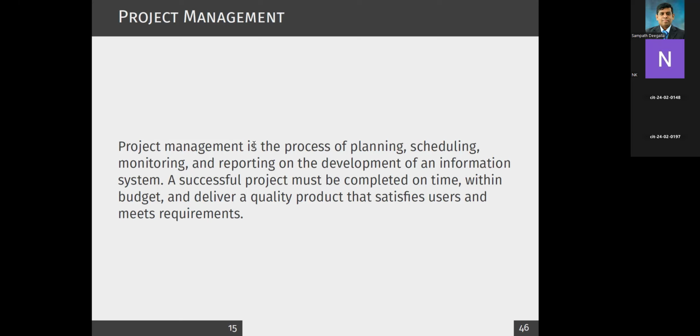When we say a successful project, we know that it should complete on time within the budget. Within the budget means usually you allocate some money for the development. You should not exceed the budget. And at the same time, you should deliver a quality product. And by doing so, you are trying to satisfy the users and meet their requirements.